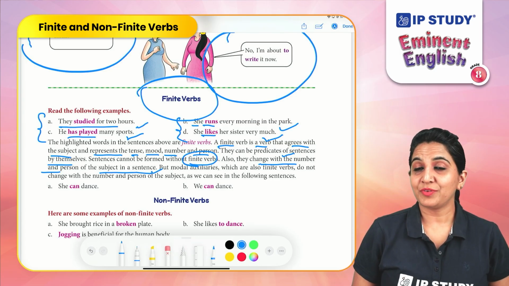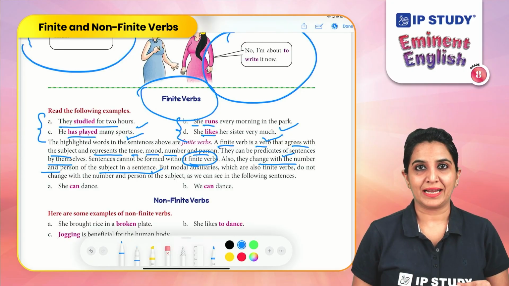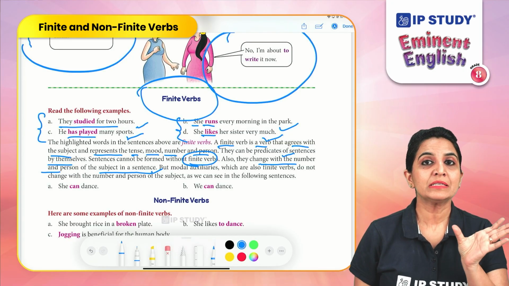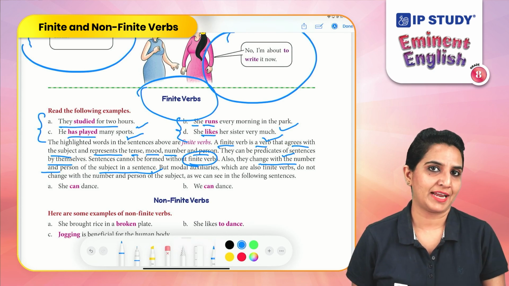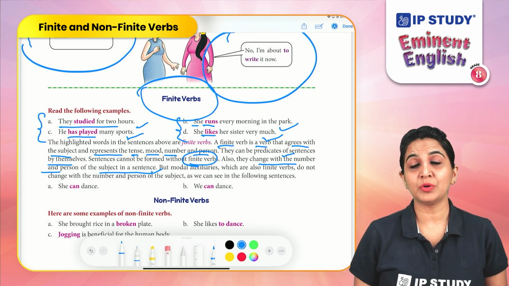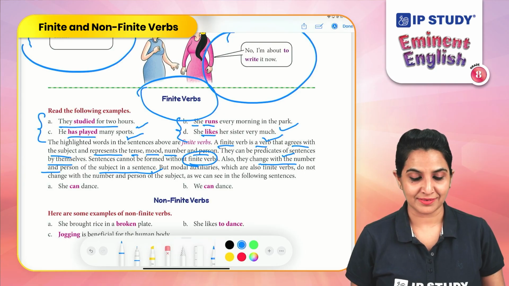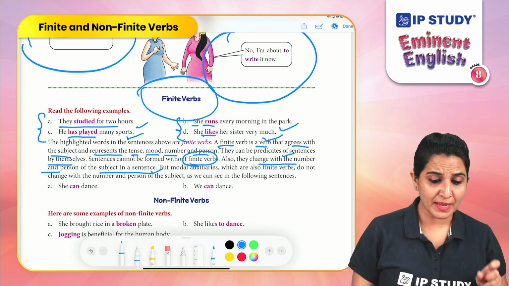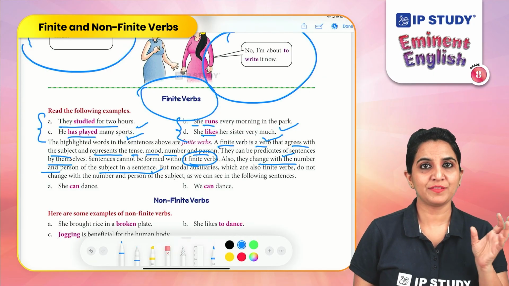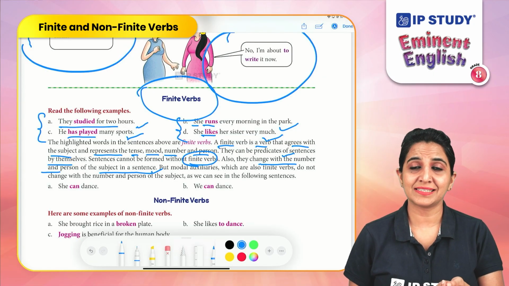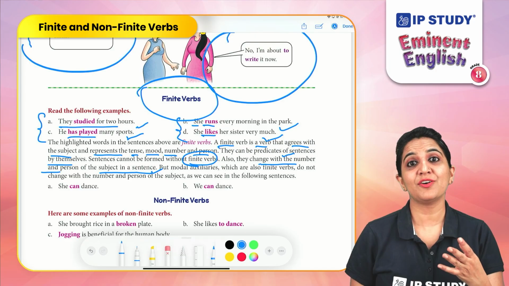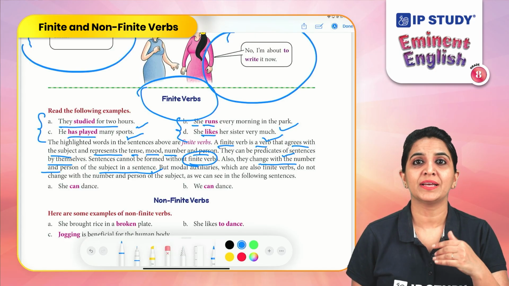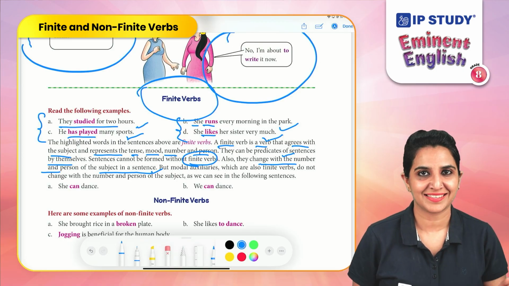Well, we have studied this in lesson 1, sentences as well, that a sentence, in order to have a complete meaning, must have a finite verb. Therefore, a finite verb is needed to complete a sentence. And they also change with the number and the person of the subject in the sentence. Why is that so? Very good, because they agree with the subject and they help us to express the mood, number, and tense in the sentence.